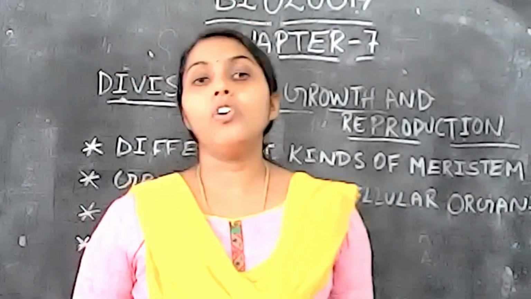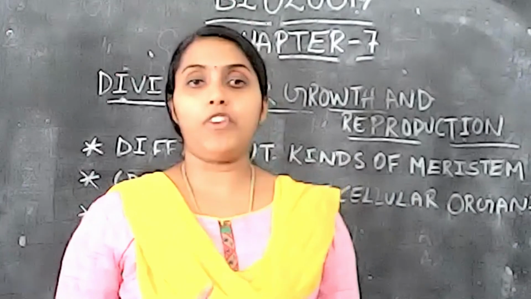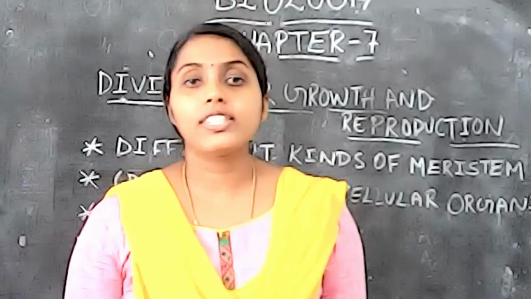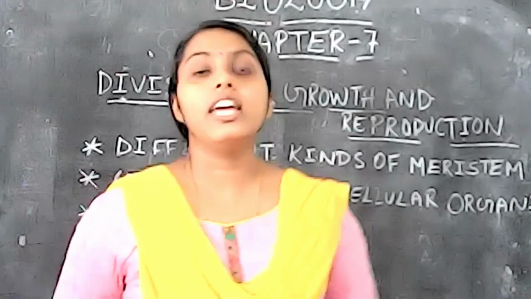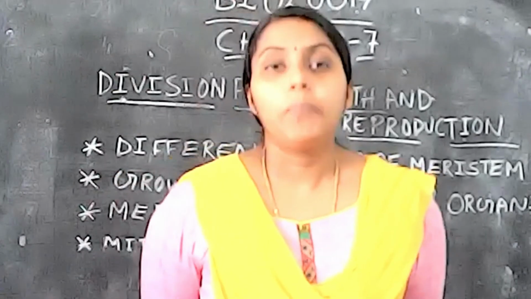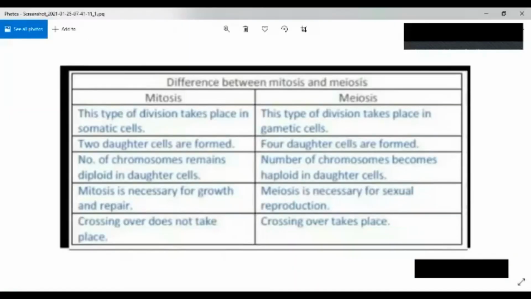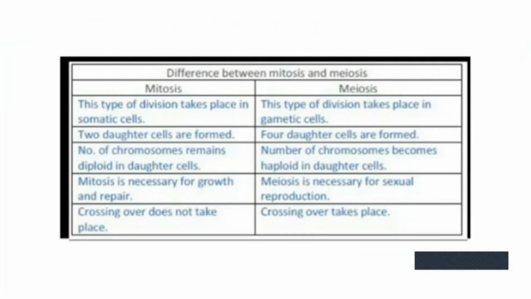Okay. Now, the last topic of our chapter, that is the difference between mitosis and meiosis. Mitosis, this type of division takes place in somatic cells. In the case of meiosis, this type of division takes place in gametic cells, that means sex cells.